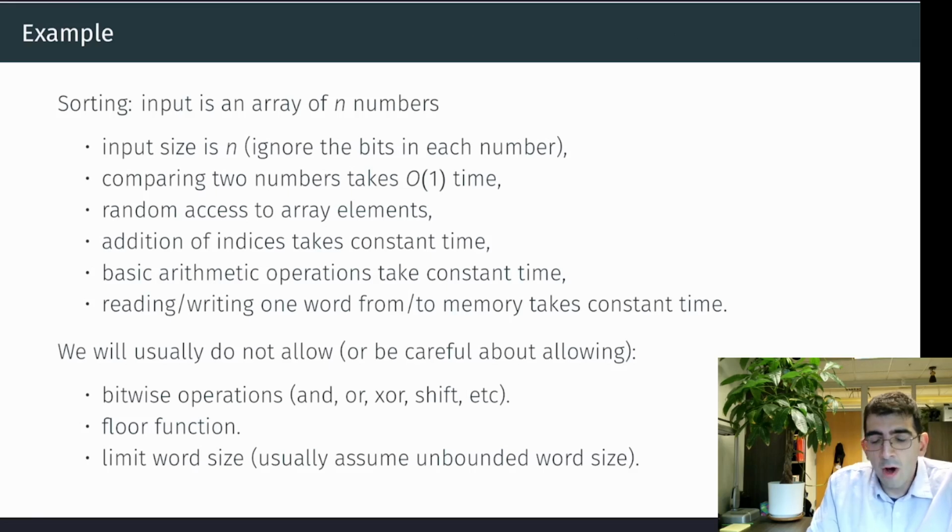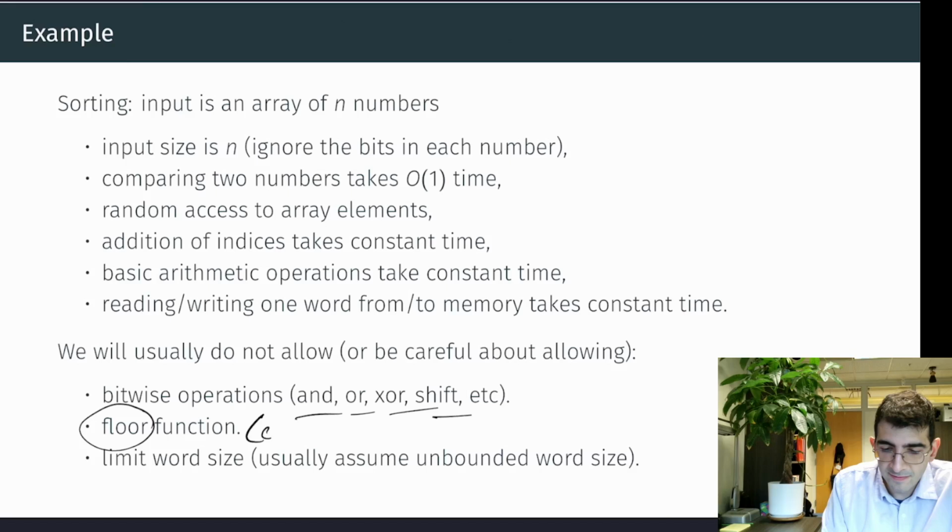And one thing that we typically do not allow is bitwise functions, such as AND, OR, XOR, shift, etc. We don't typically say floor or ceiling functions take constant time, and we don't limit the word size.